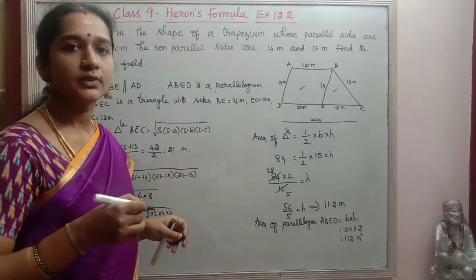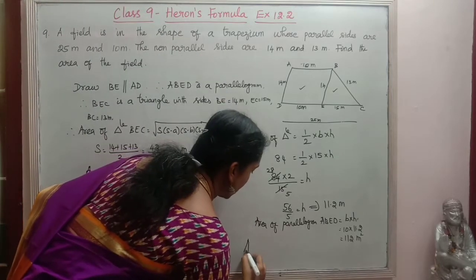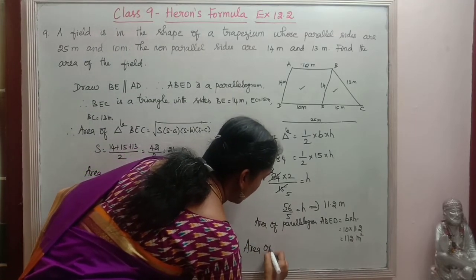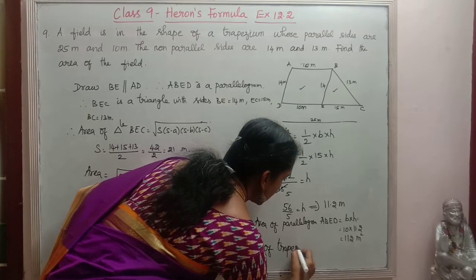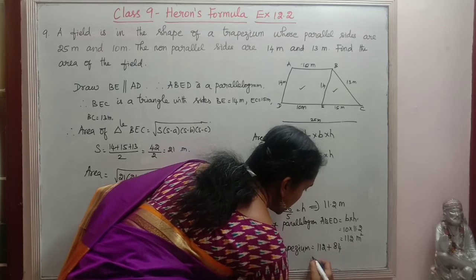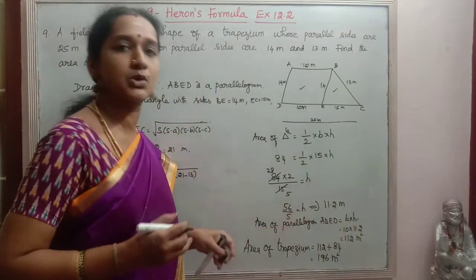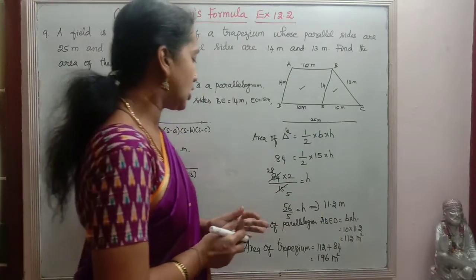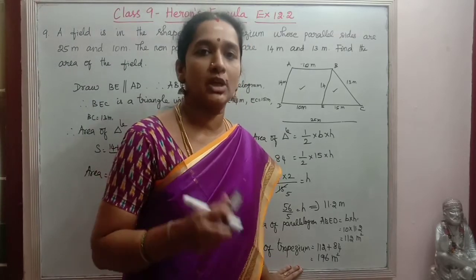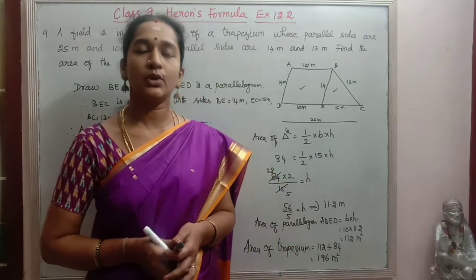Now the area of the trapezium, the area of the field, is the parallelogram plus the triangle: 112 plus 84, which is 196 meter square. We are asked to find the area of the field, so the area of the trapezium-shaped field is 196 meter square. Okay, understood?